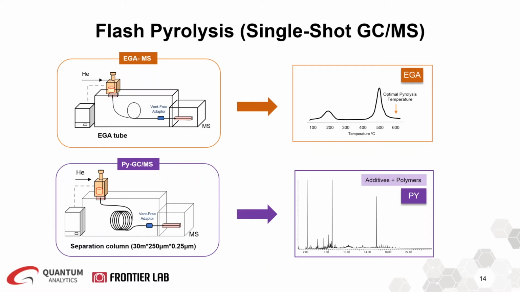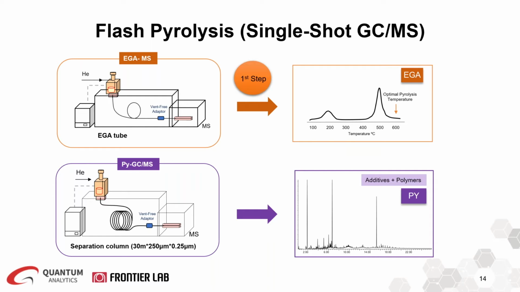So this is the flash pyrolysis or single-shot GCMS. EGA was first performed to identify the optimal pyrolysis temperature. In this case, 600 C is the optimal pyrolysis temperature.